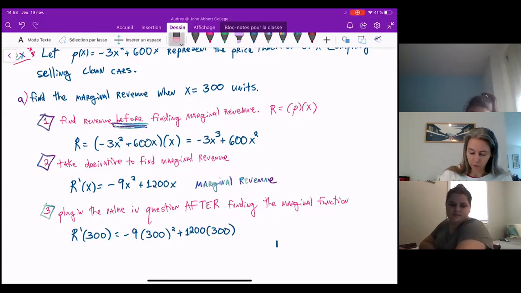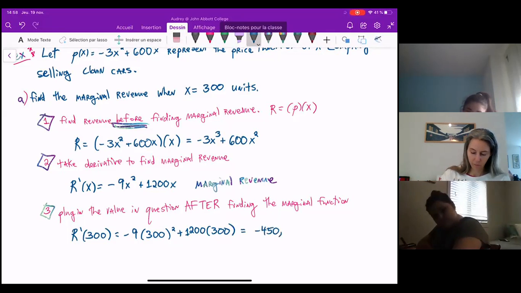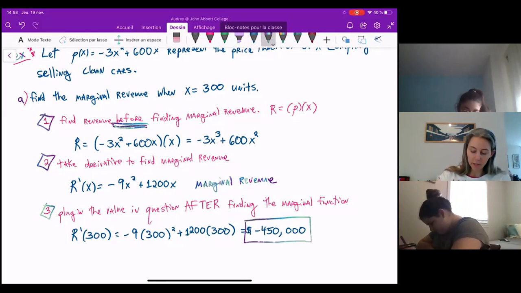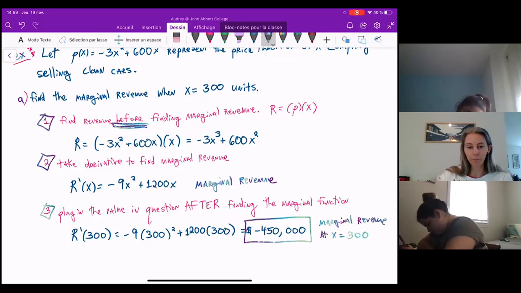That is negative 450,000. Marginal revenue is money, so I'm going to put a dollar sign in front, and this right here is my marginal revenue at x equals 300.